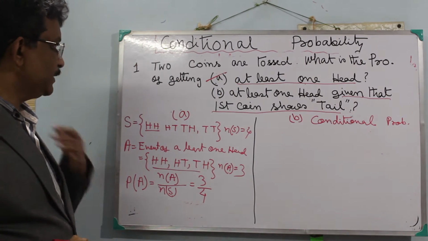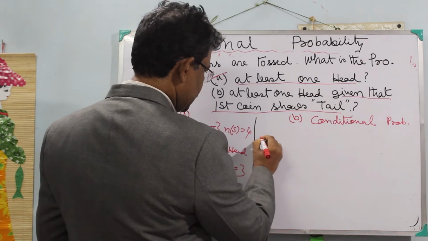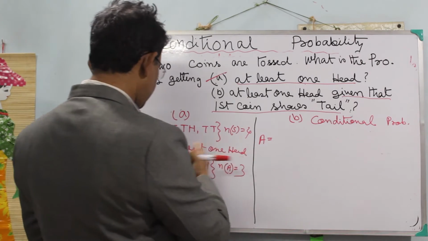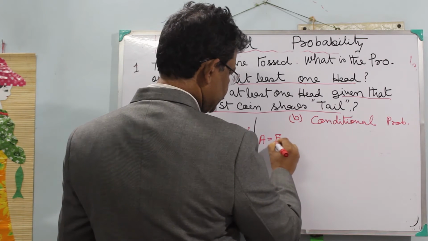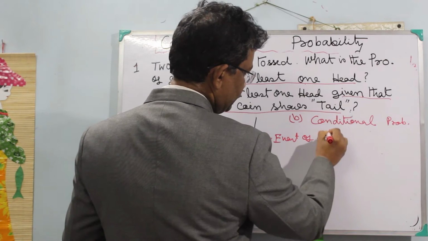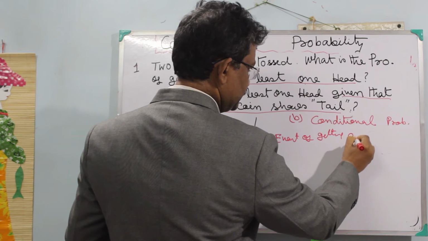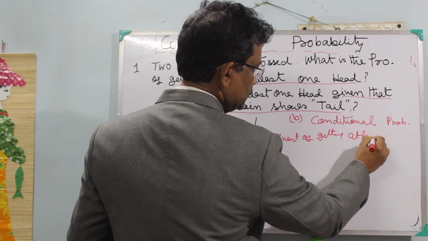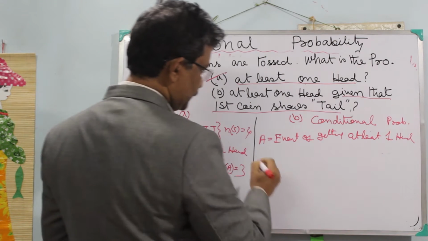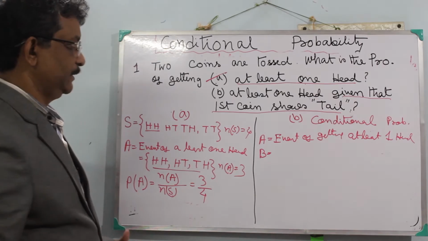Like the ordinary case, there is one event A of getting at least one head.